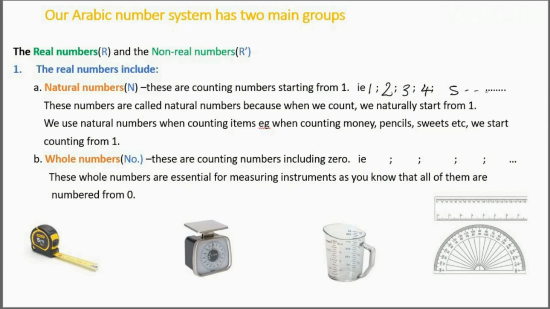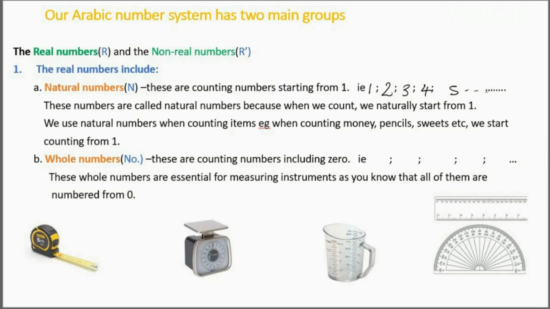These numbers are called natural numbers because we count. When we count, we naturally start from 1. We use natural numbers when counting items, for example, when counting money, pencils, sweets, etc. We start counting from 1.